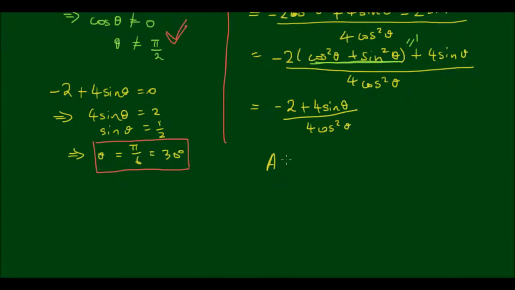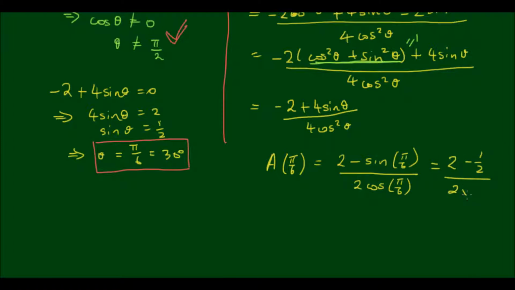A of pi on 6 is equal to 2 minus sine pi on 6 all over 2 cos pi on 6, which equals 2 minus 1/2 all over 2 times the square root of 3 divided by 2.